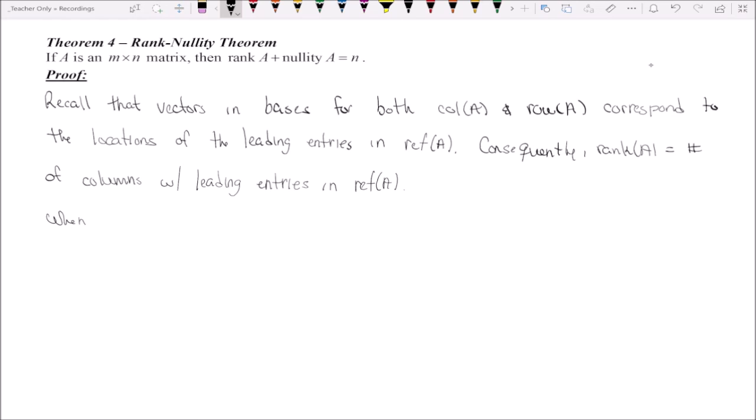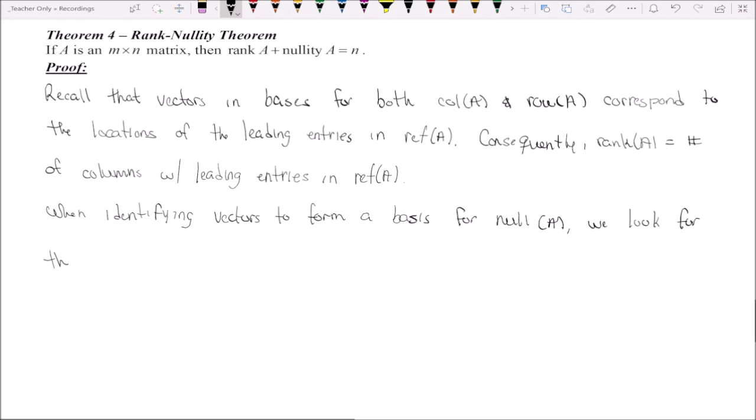Now, when identifying vectors to form a basis for the null space of A, we look for the columns in REF of A without leading entries. Right?